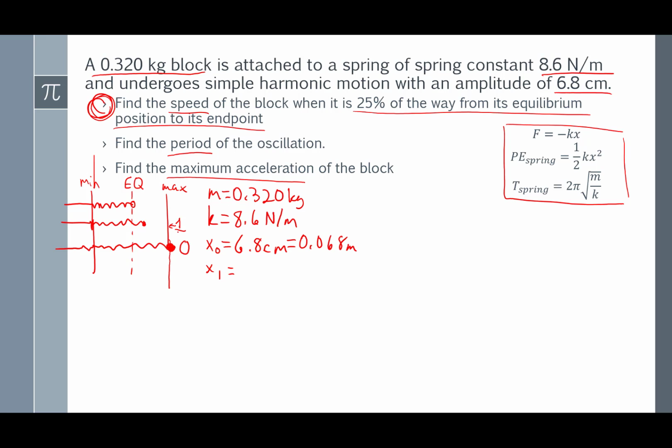If it's 25% of the way to the amplitude, or to its endpoint, which is the amplitude, then that's just 0.25 times 0.068 meters. Let's just quickly calculate that. 0.25 times 0.068 gives me 0.017 meters.